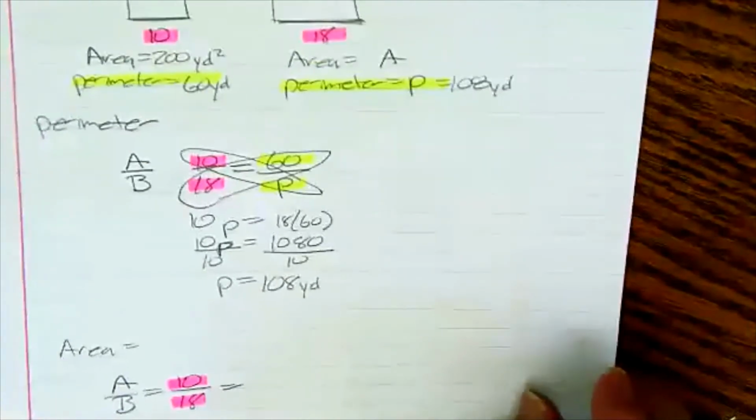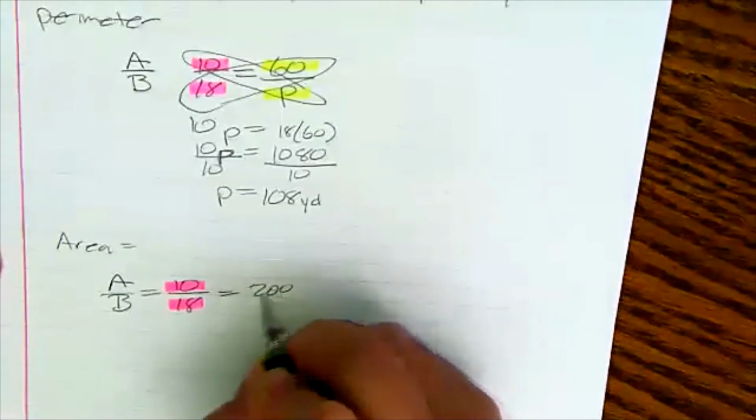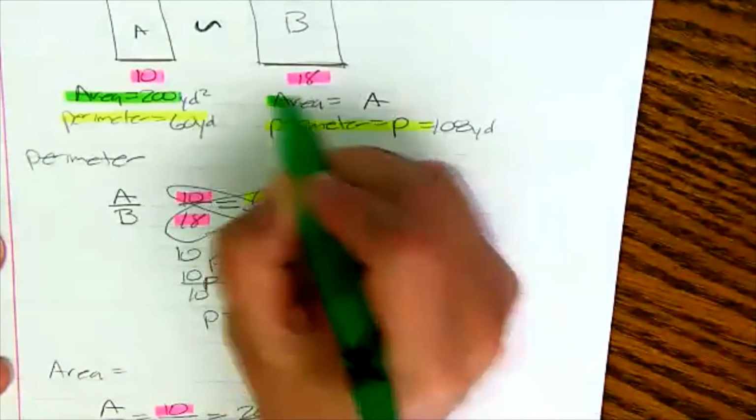But now we want the area. So the area of A is 200, and we want to know the area of B. So once again, we're talking about corresponding parts. The area of A over the area of B.